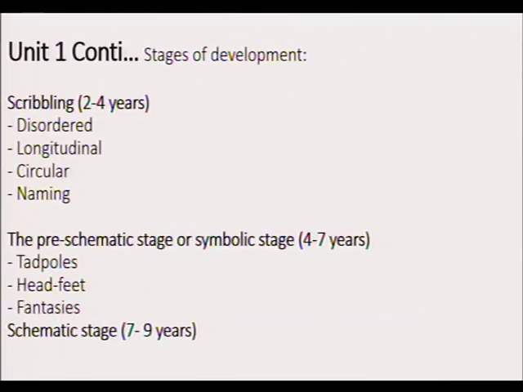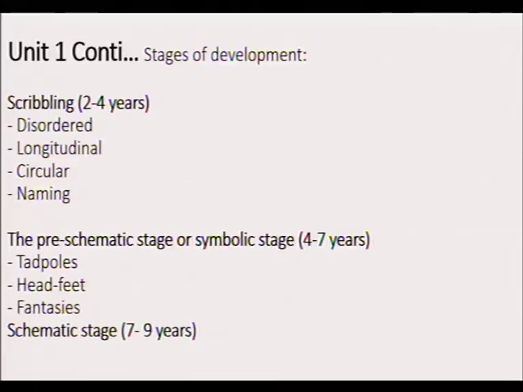They don't really exist, but they are events happening in the child's mind and how the child wishes to see things happening. And also the head-feet, this is when the feet look like the head and the head looks like the feet. In other words, they are called tadpoles.